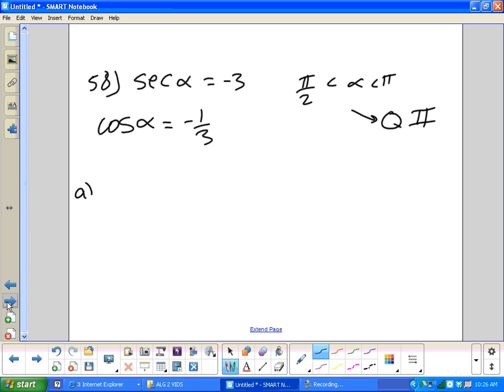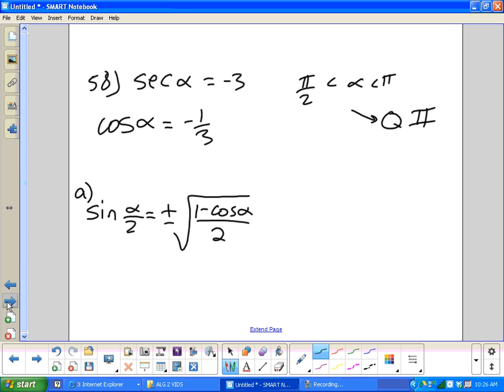Okay, so part A, the sine of alpha over 2 is equal to plus or minus the square root of 1 minus cosine alpha over 2. Now, plus or minus? Well, it's in quadrant 2. That's alpha, though.